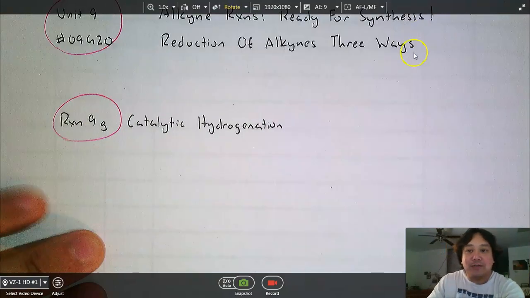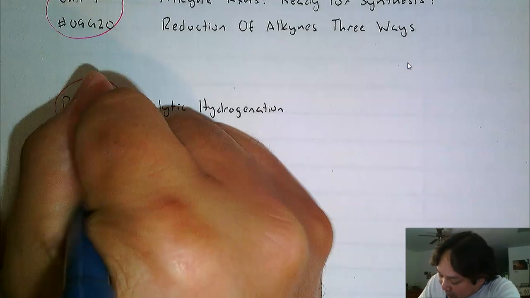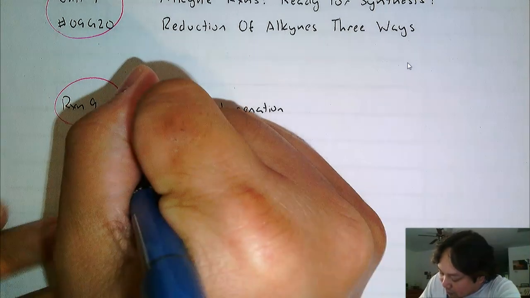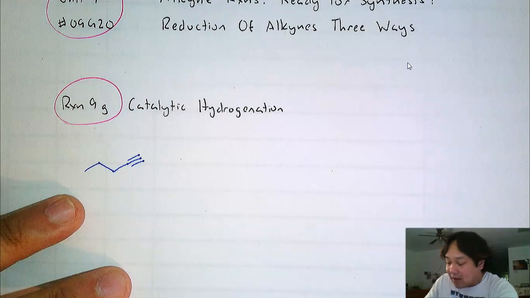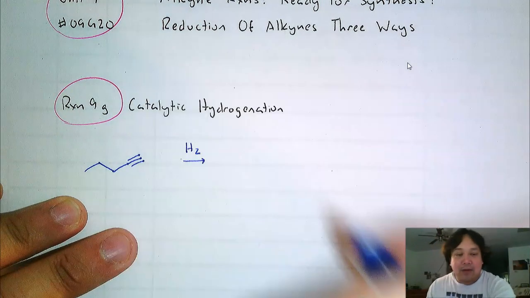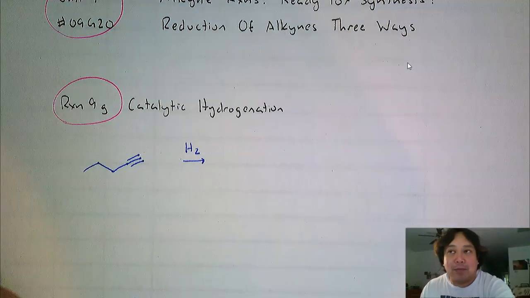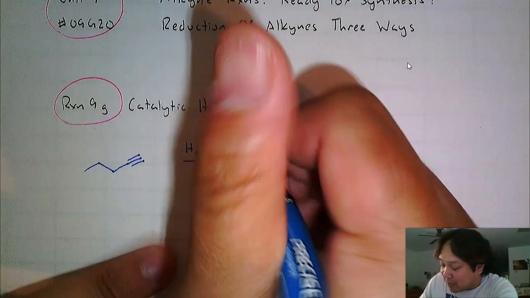Very easy reaction. We are going to start out with an alkyne, terminal or internal, doesn't matter, and hydrogen gas is added, and then you've seen this before, either platinum, palladium, or nickel. Those are the 3 main metals you could use.